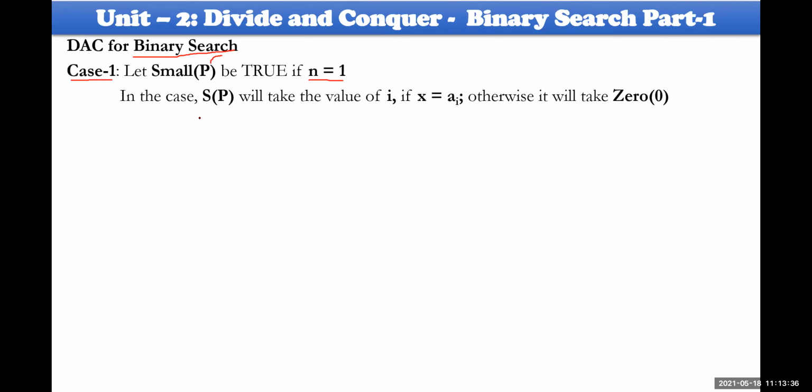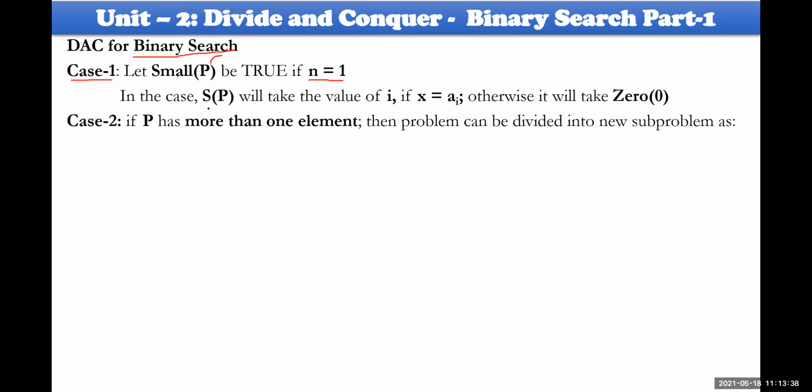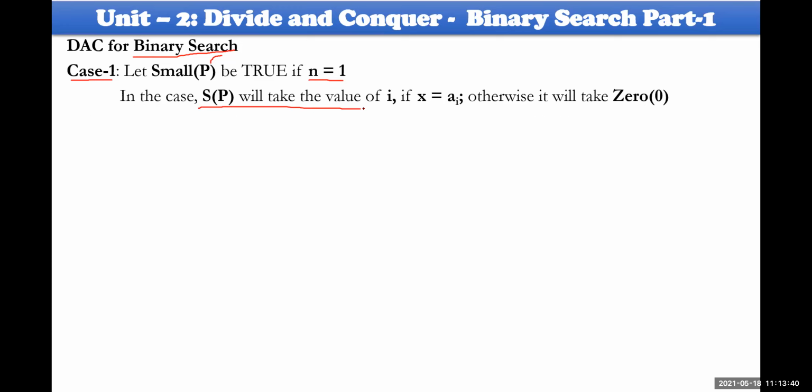In this case, Small(P) takes the value of i, and here x equals a[i]. X is the element being searched by you. If x equals a[i], then whatever the index value of i is, that can be sent to the user.